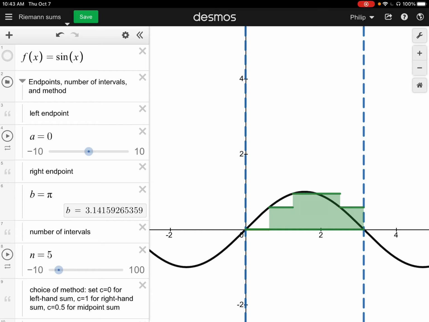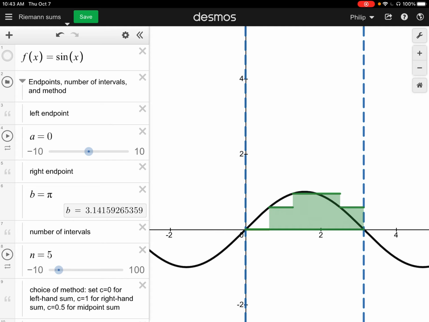And suppose we wanted to look at some left-hand Riemann sums here. Well, clearly this is a decent approximation, but it's not great. And it looks like the areas where the rectangle is above the curve might undo the under approximations where the rectangles are underneath the curve. However, it doesn't quite look exact.